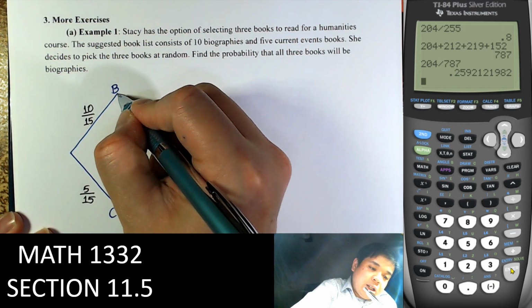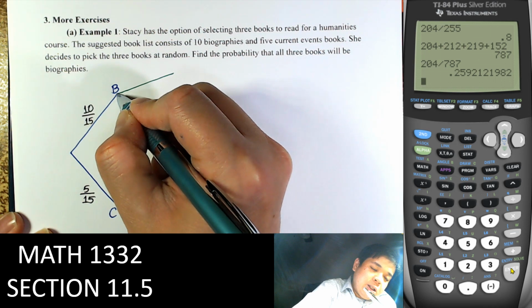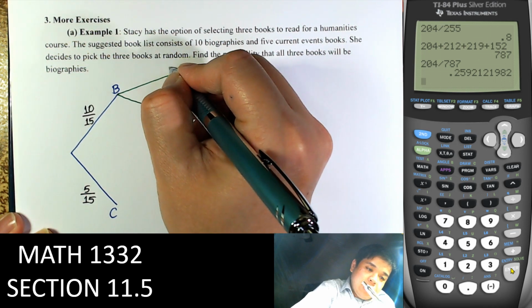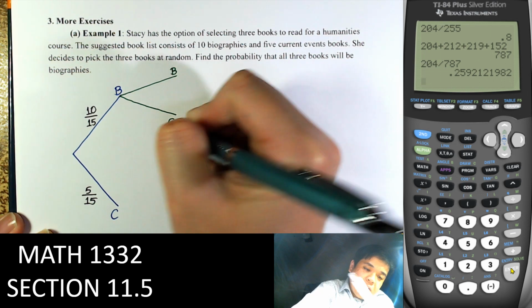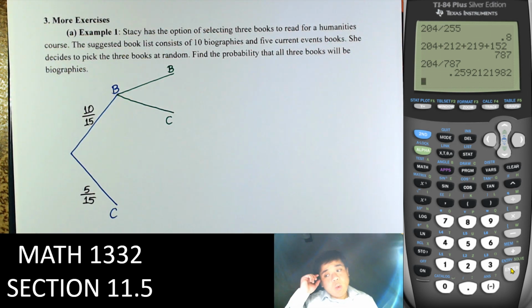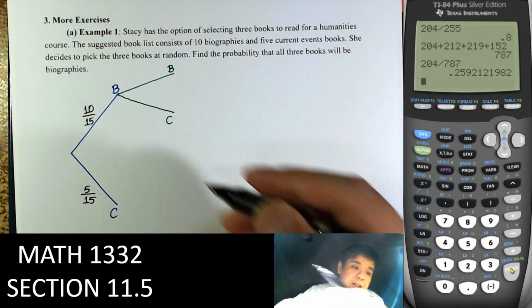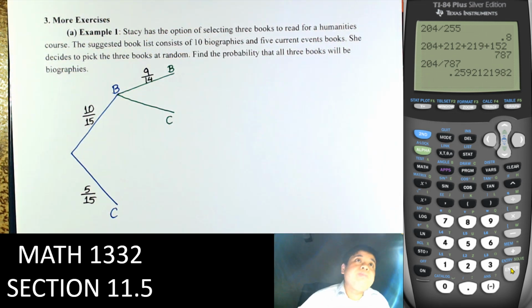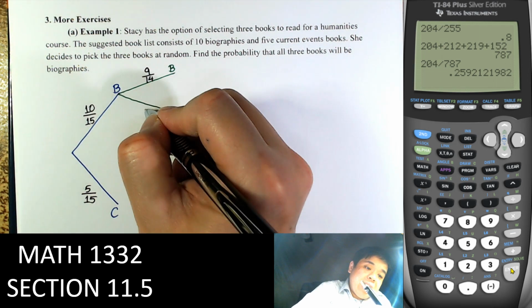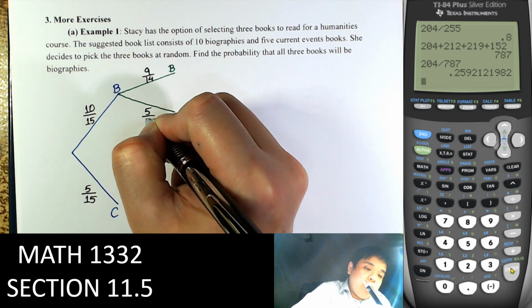Next, we're on the second stage, biography and current event. Now, if the first one is a biography, there's only 9 left, and there are 14 books left to choose from. Current event, there's still 5, over 14.